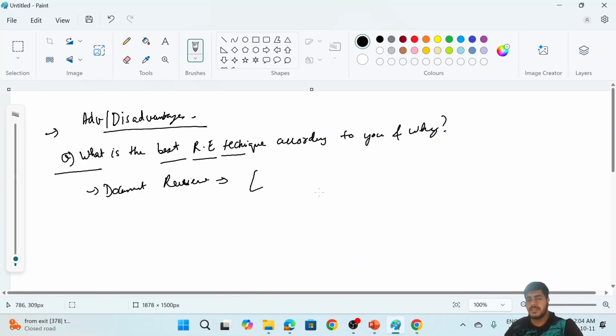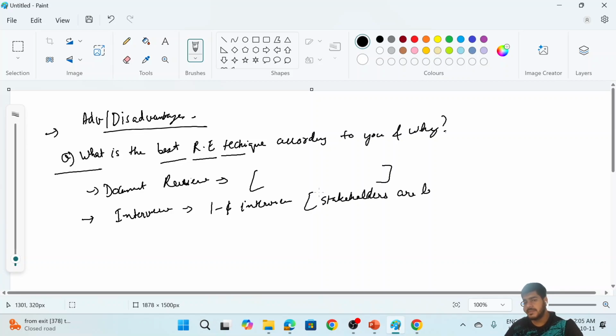First of all, we studied document review. Document review is accessing all the previous documents. Secondly, we studied interviews. These are basically one-on-one interviews. These are used when the stakeholders are fewer, between 1 to 3 stakeholders.